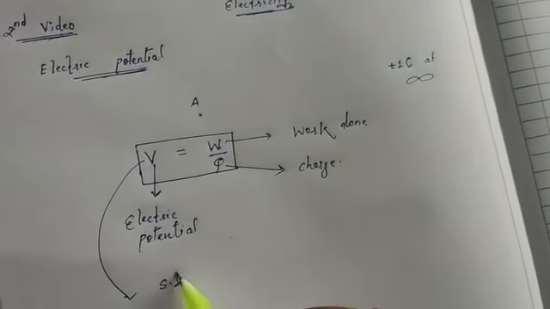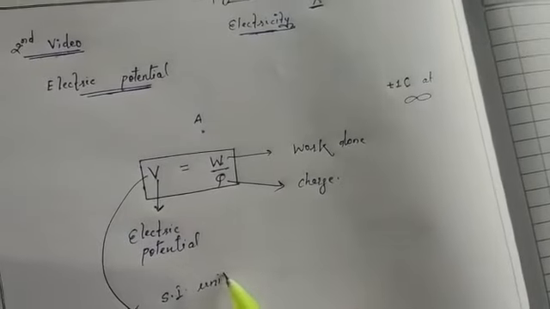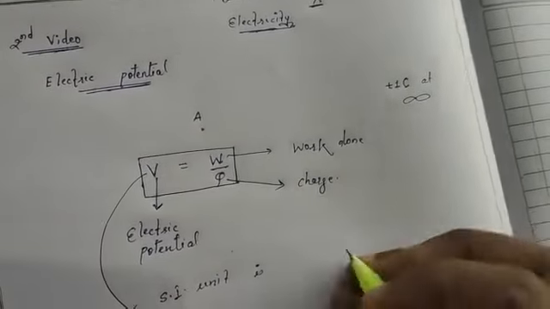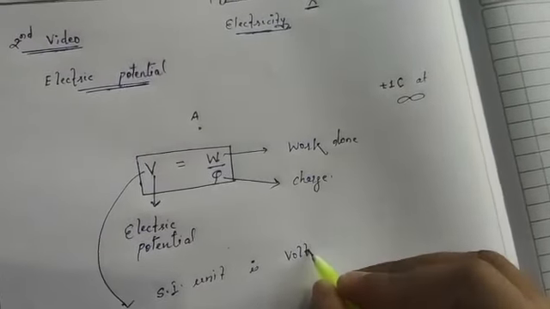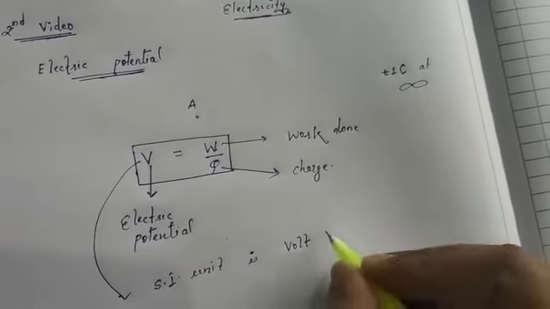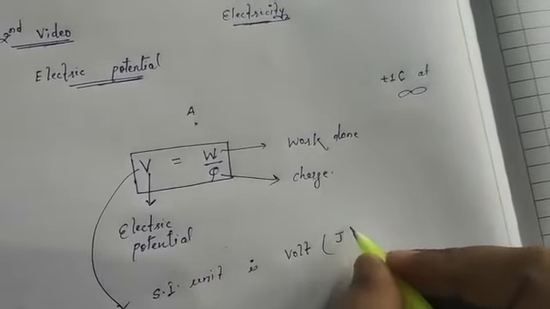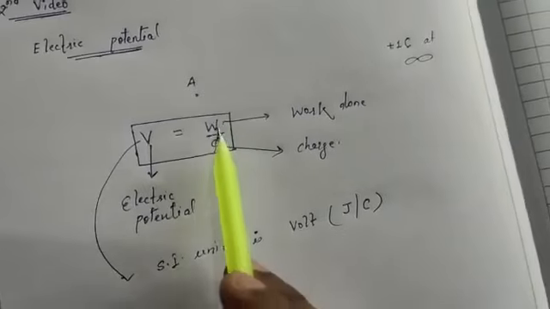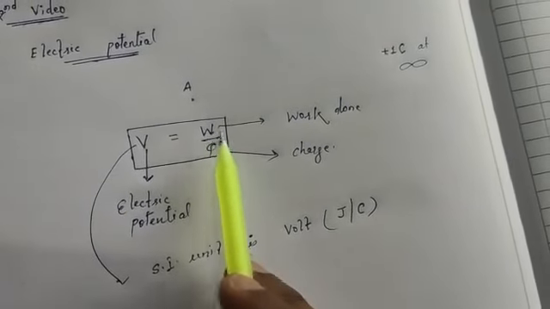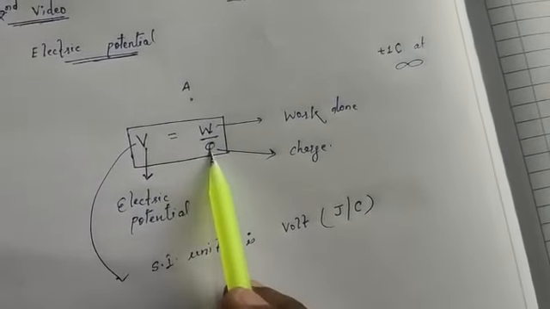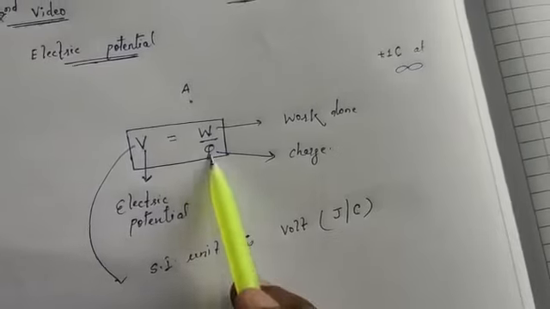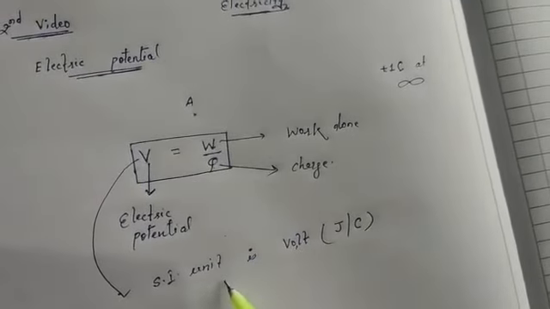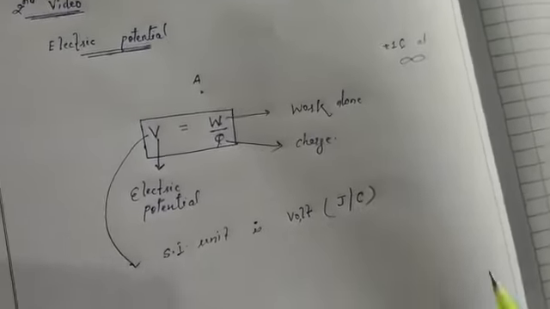The SI unit of this electric potential is volt, or we can say joule per coulomb. Joule for this work and coulomb for this charge. So joule per coulomb or volt is the SI unit of electric potential.